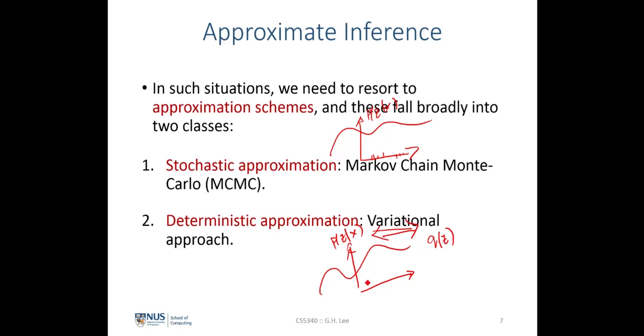What this means is that we're going to make use of an analytical form of Q(Z) such that it is a very close approximation to the posterior distribution that we targeted. This approach is known as the variational inference approach.